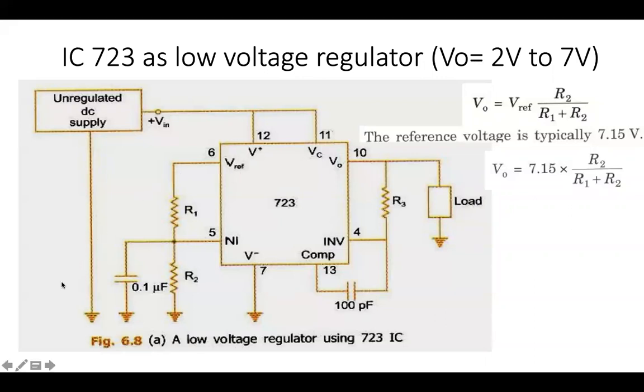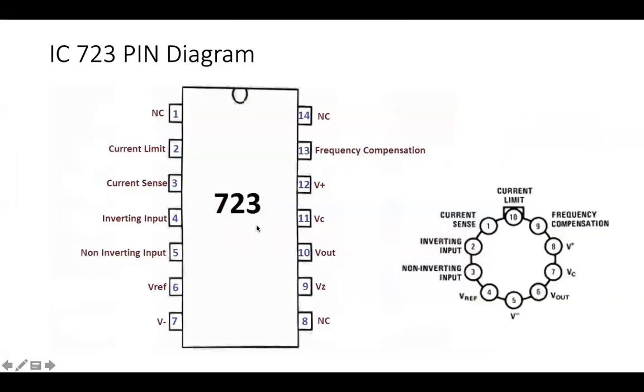So if a question is asked with regards to 723 as low voltage regulator, this is going to be the circuit diagram. Of course, you're going to use a block for this. You can see the same numbers here, the negative voltage and the positive voltage, 7 and 12. If you want, you can neglect this, it's not needed.